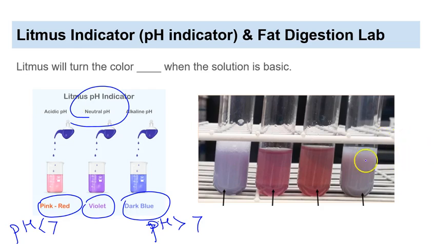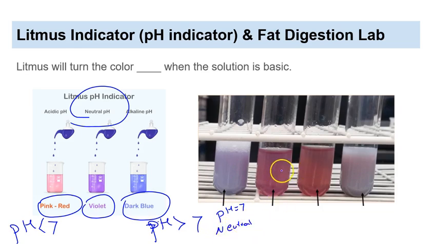So in this picture, you can see the first one for sure is purple. What does it mean? It means the pH should be around 7, so we have neutral pH, right?